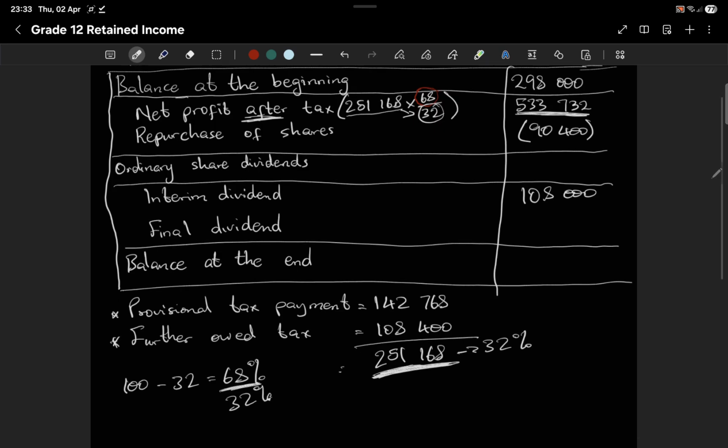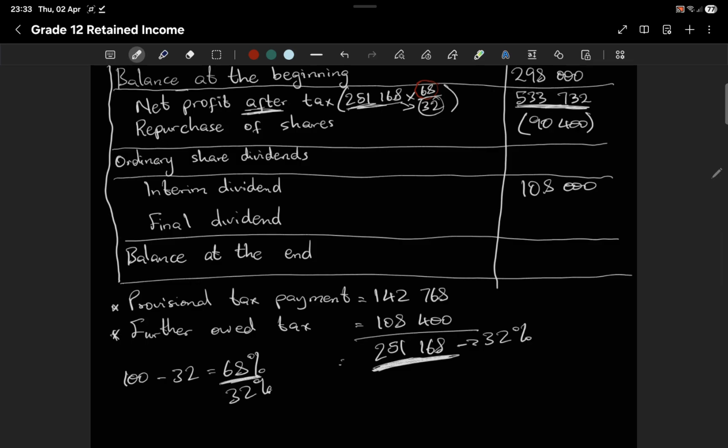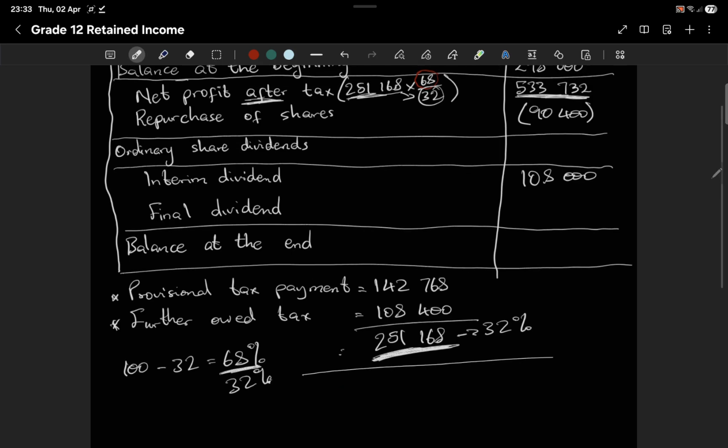Now let's prove it. Let's get net profit before using this amount and the income tax amount. Proving it, let me do it down here. You are going to say 533,732 plus 251,168.